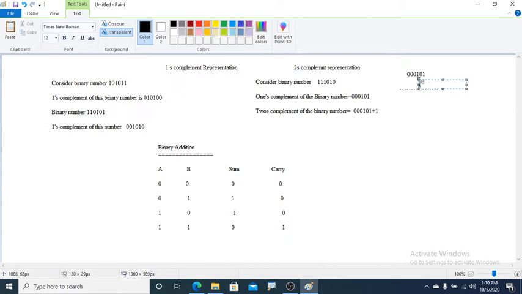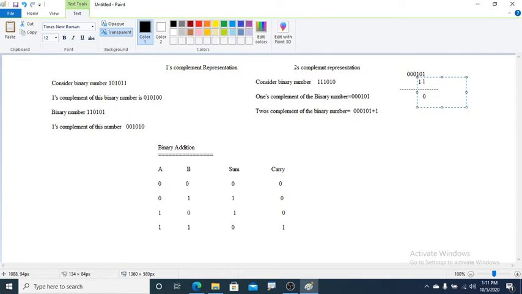Here what it will do is, 1 is the carry, so here 0 is the value, 1 plus 1 is 1 0.